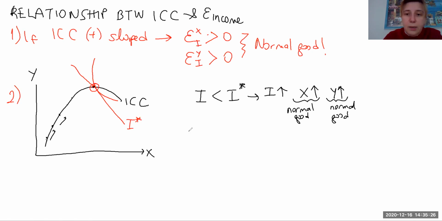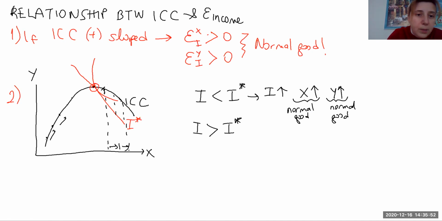But after this critical income level, if the income of this consumer is greater than I star, the curve becomes negatively sloped. Please see that after that point, if the income of the consumer increases, the quantity of X continues to rise.